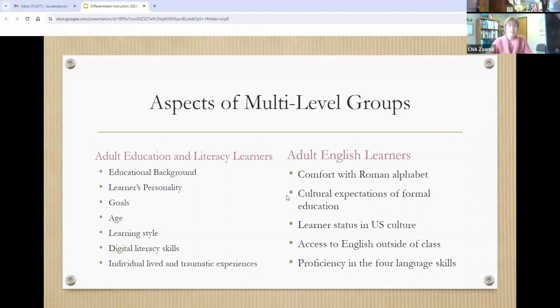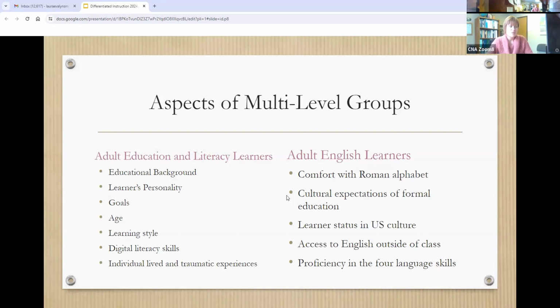Things like learning style, preferred learning style. Digital literacy skills would apply to all of our learners. And even those lived traumatic experiences are likely to cross. They will cross country of origin and language of origin.